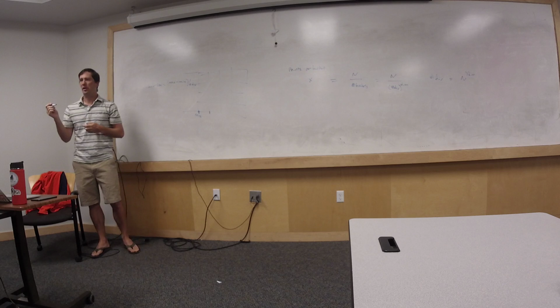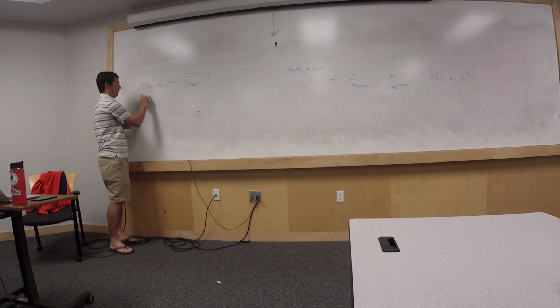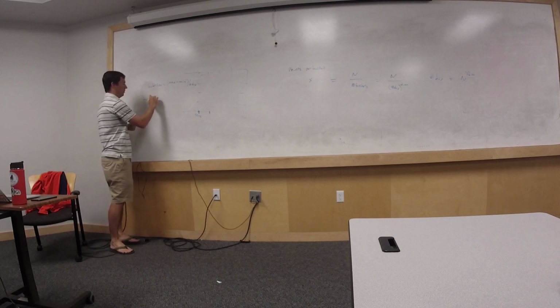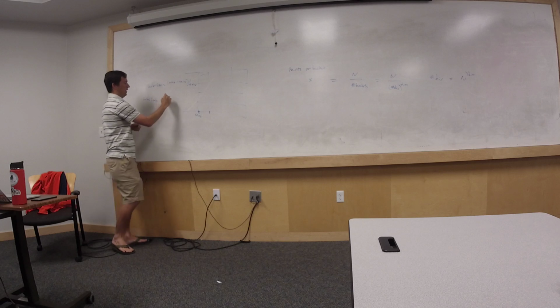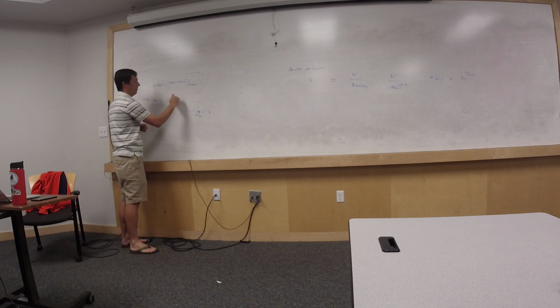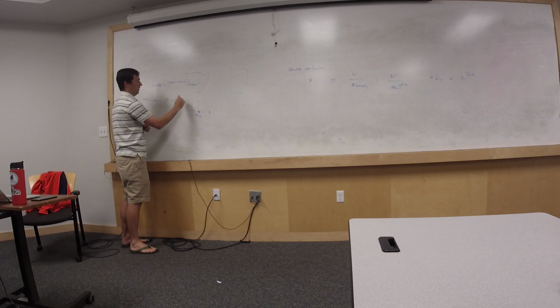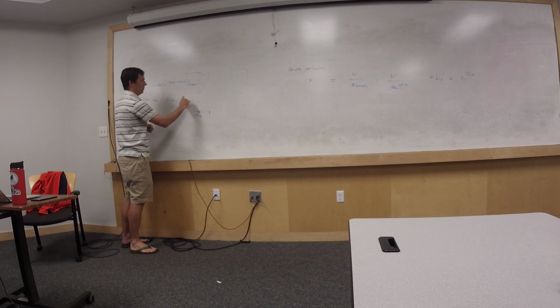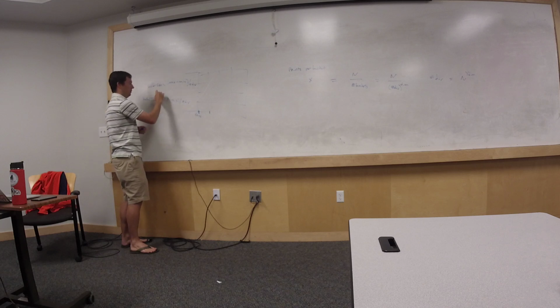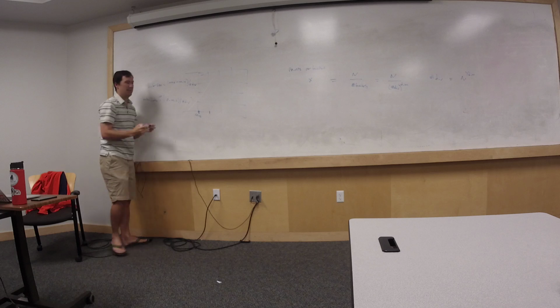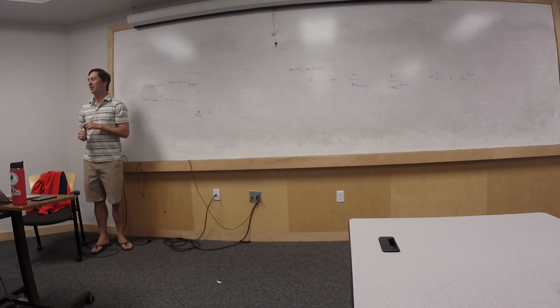And so to get the bucket index, I just take my P minus the min and divide by the bucket size, and then cast that to ints.